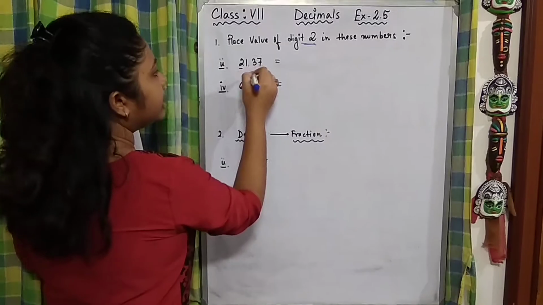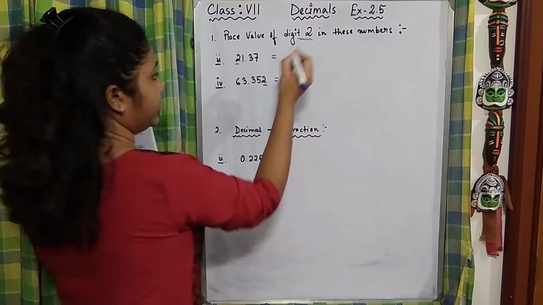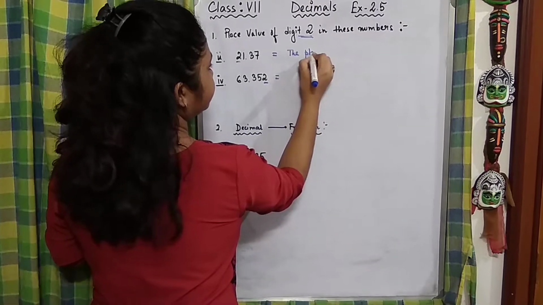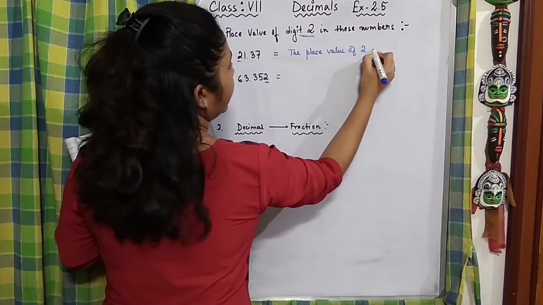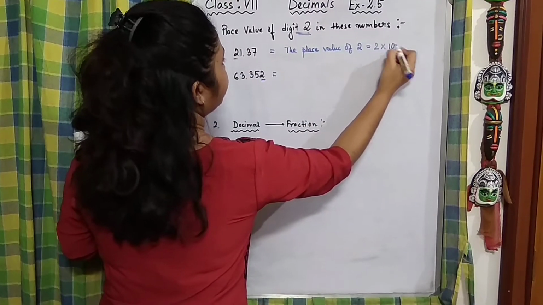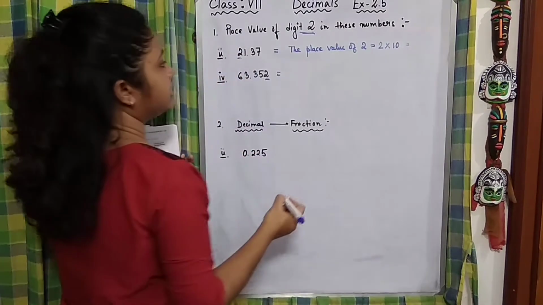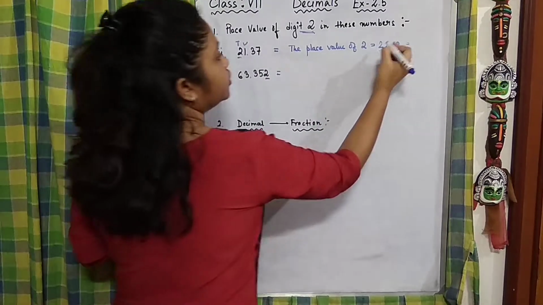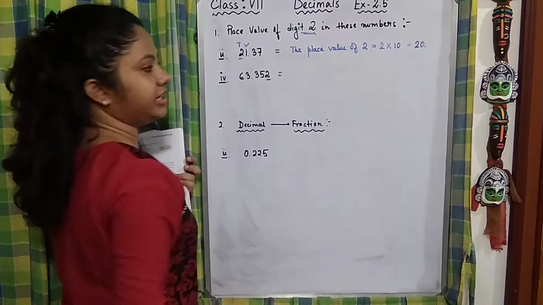So what will be the place value of digit 2 here? That is pretty simple, right? You know that. So here the place value of 2 equals 2 into, this is the units place and this is the tens place, so 2 will be multiplied with 10, which gives 20.